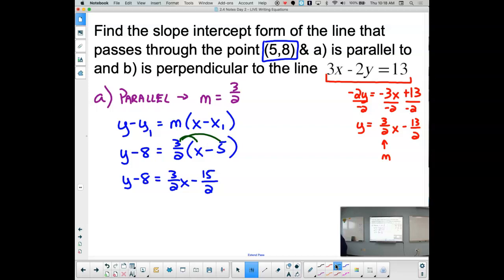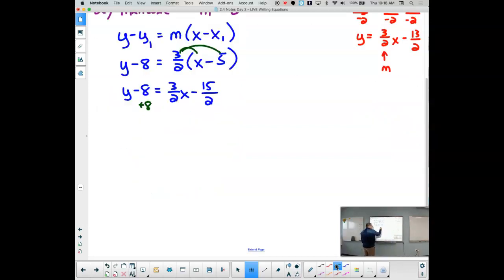Okay. Now, I'm going to add 8 there, but in my brain, I'm really going to be adding 16 halves. Anybody know why I'm adding 16 halves instead of adding 8?